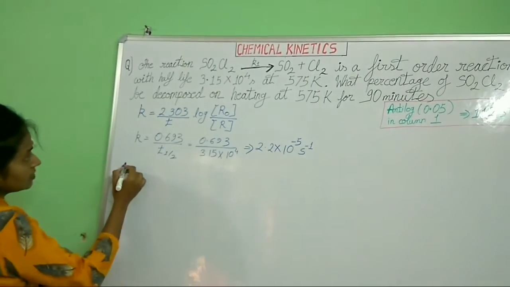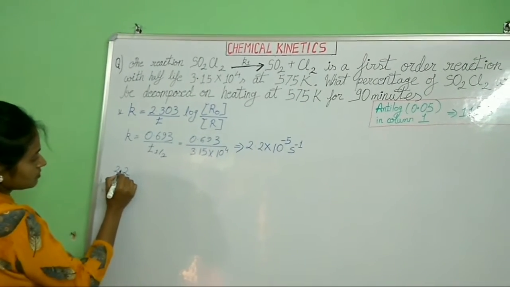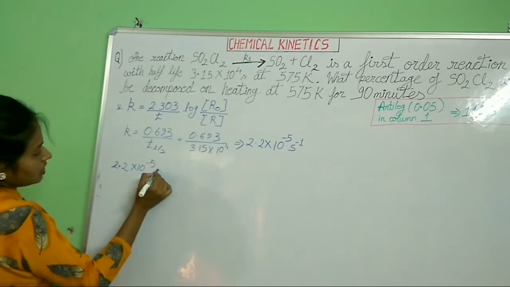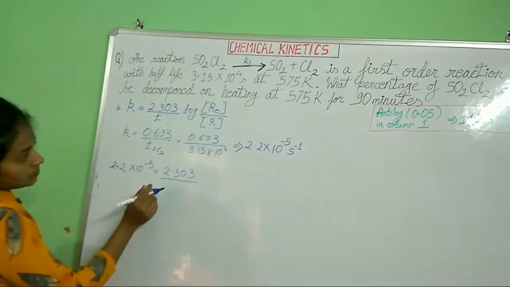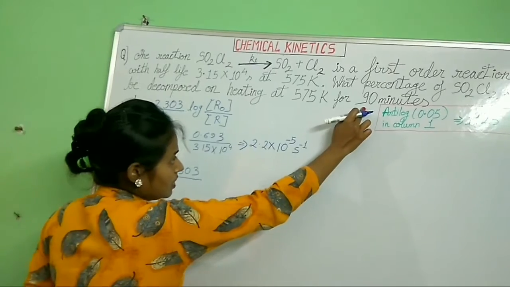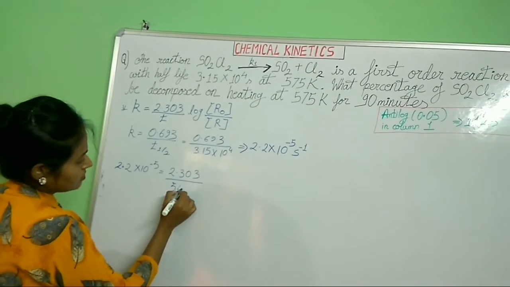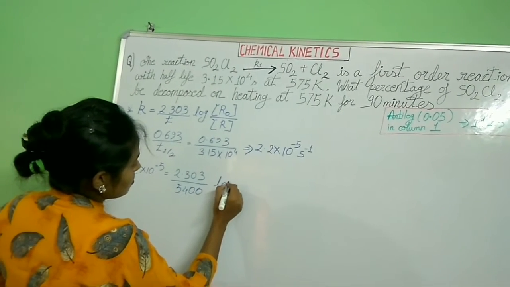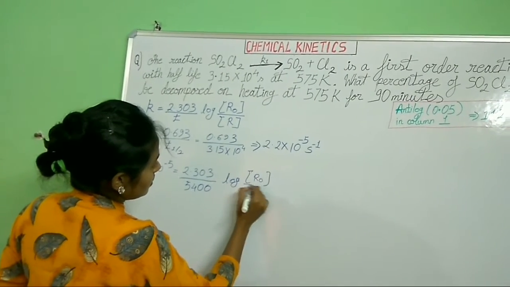Now, we will apply it in this formula. 2.2 into 10 to the power minus 5 equal to 2.303 by the time. How much is the time given? 90 minutes. Here it is in seconds. We have to turn 90 minutes also into seconds. So 90 into 60, that is 5400 seconds, in log R naught by R.